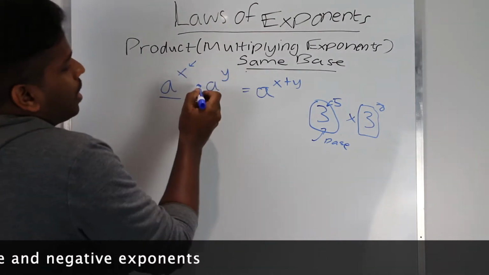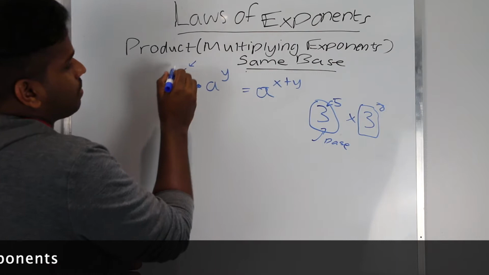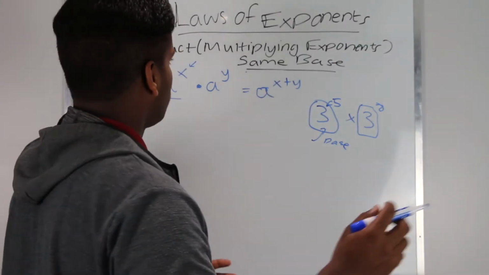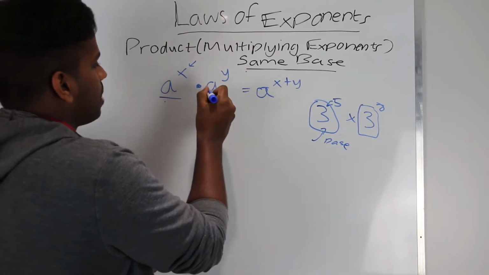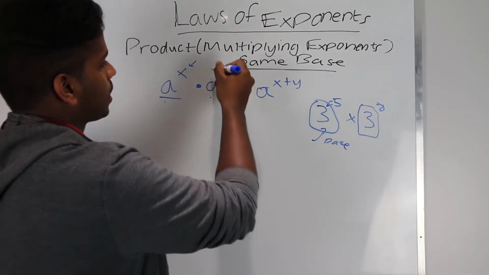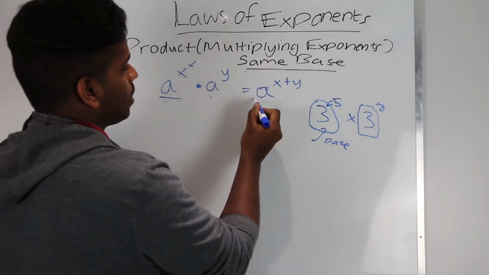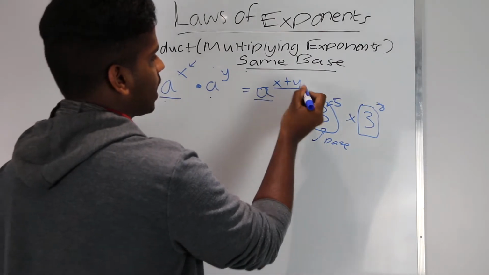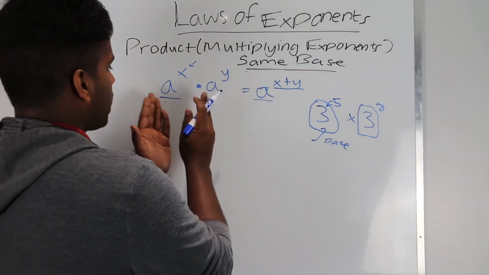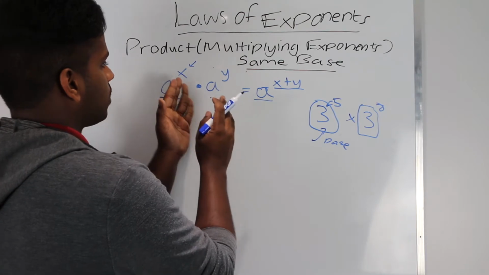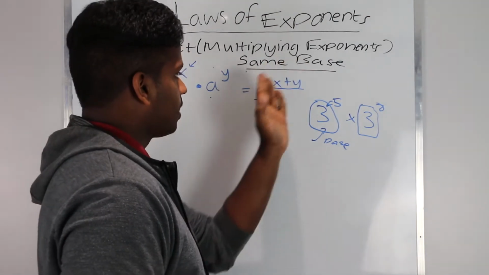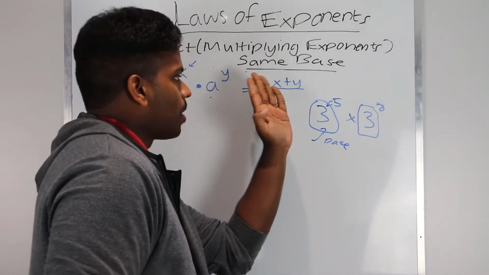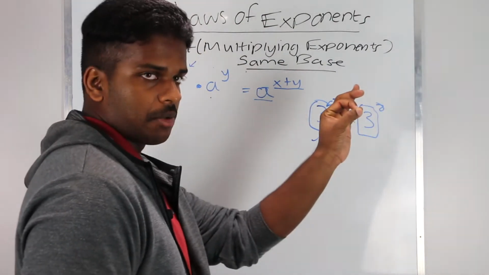I didn't want to put an X here because you might confuse it for this variable X. So a to the x times a to the y equals the base, and now we're adding the exponents. When we're multiplying two numbers with exponents with the same base, the base stays the same, but now we're just adding the exponents.